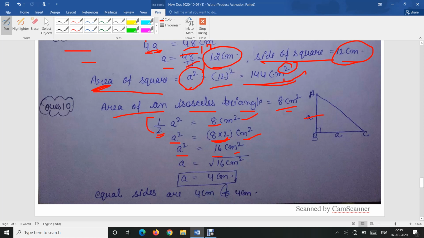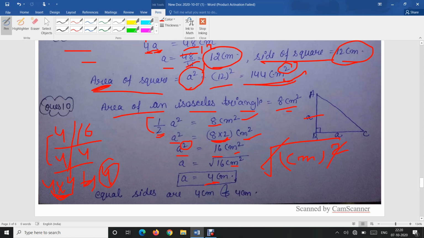Now if you want to remove this square on the left hand side, then you have to take square root of 16 centimeter square. The square root of 16 will be 4, because 4 fours are 16. This 4 and 4 are making a pair, so it will be 4. And the square can cancel the square root.